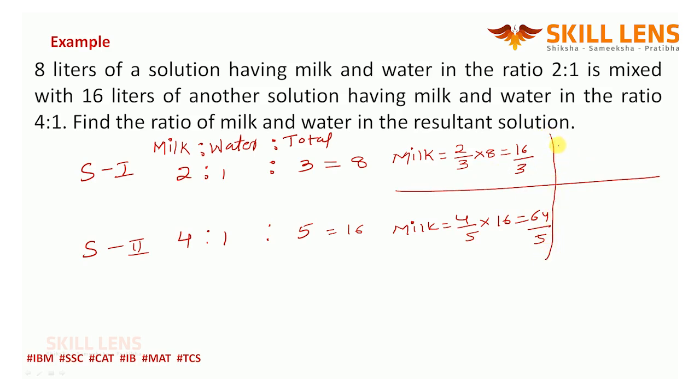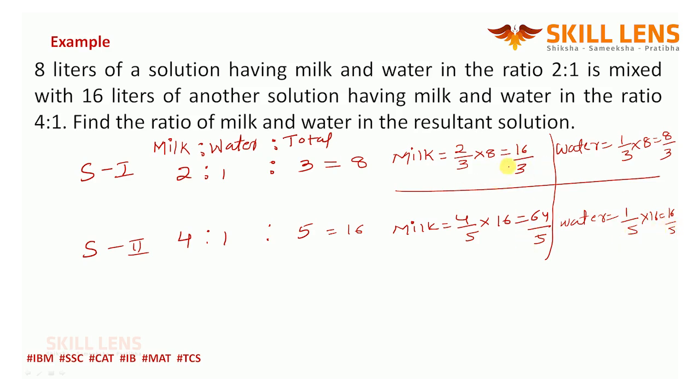How about water here? So water is going to be, okay, water is going to be what? 1/3 of 8, which gives you 8/3. Here water is going to be what? 1/5 of 16, which gives you 16/5.